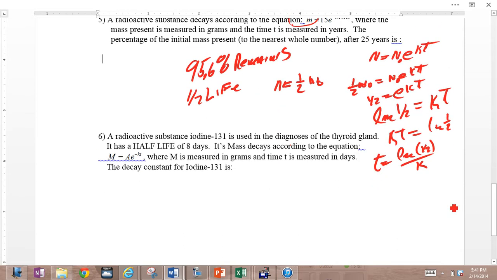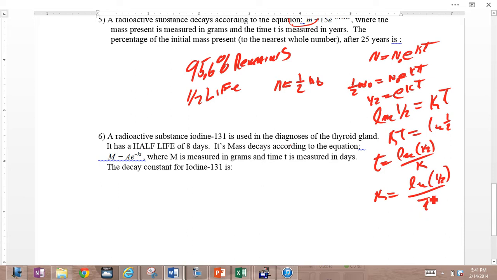If you have the time and you want the constant, the constant is going to equal the natural log of 1/2 over the time.